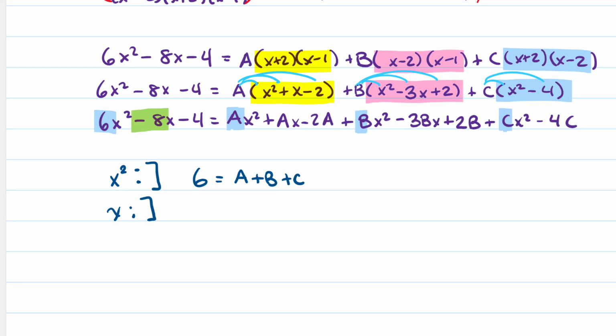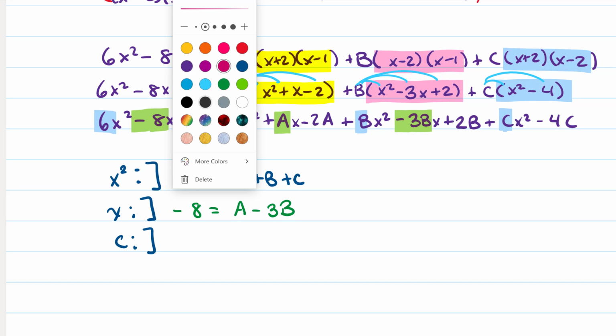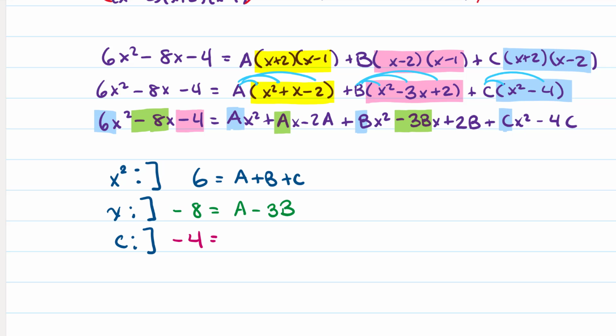On the left I have a negative 8, and on the right I've got an A and a minus 3B. And now we need to look at our constants. On the left I have a negative 4, and on the right I've got a negative 2A, a 2B, and a minus 4C.